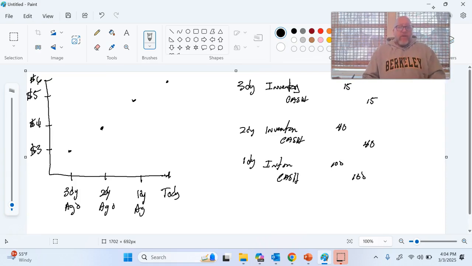Hopefully I got it right. And then finally, let's say we bought one avocado for $6. Inventory $6, cash $6. Actually, I guess that was today.